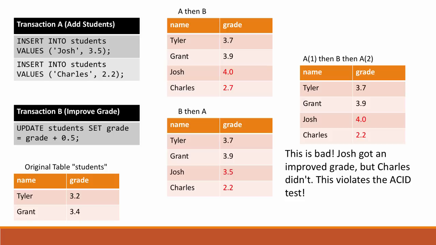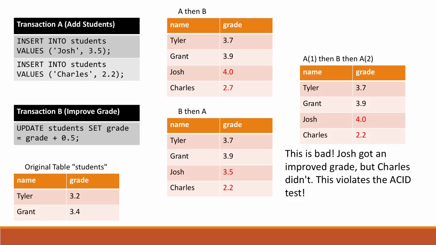The rule was all of the students in the class should have had their grades bumped up, but what happened here was only part of the class had their grades bumped up because these transactions meshed and ran into each other and intermerged, which is something that databases do not allow.